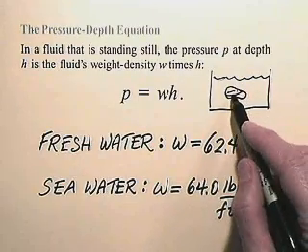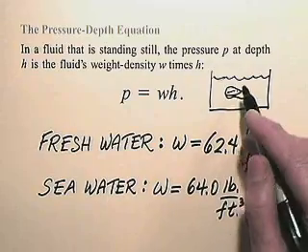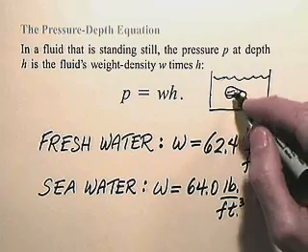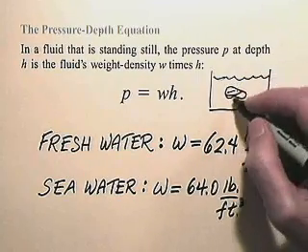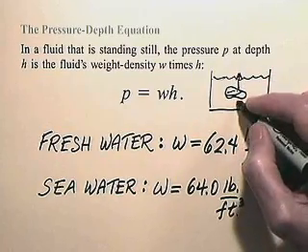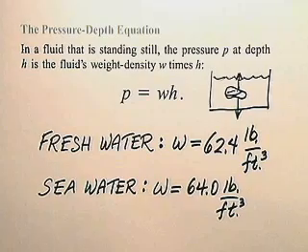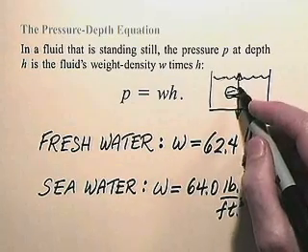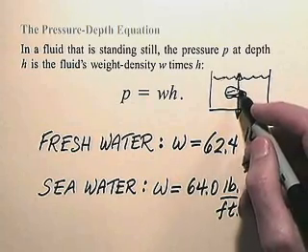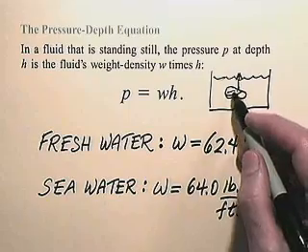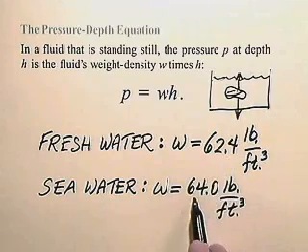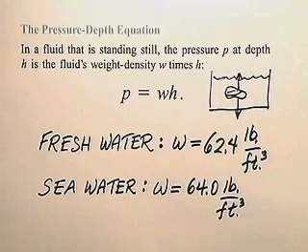The volume of that blob multiplied by the weight density is the downward force that gravity exerts on the blob. Consequently, the fluid outside that blob must be exerting an upward buoyant force counteracting that downward weight of the blob. So for any solid region, the buoyant force upward is related to the weight density times the volume of the region. And so the greater the weight density, the greater the buoyant force.